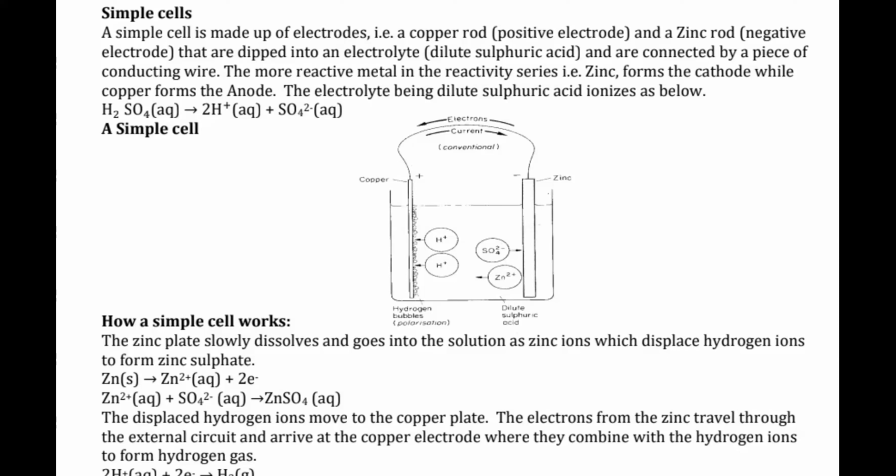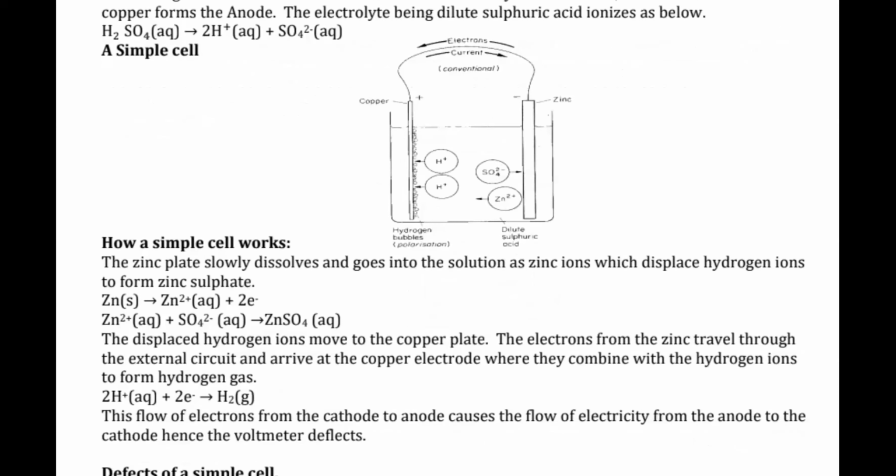So how does a simple cell work? The zinc plate slowly dissolves and goes into the solution as zinc ions, which displace hydrogen ions to form zinc sulfate. In that reaction, zinc dissolves, forming zinc ions, and the reaction is written as an equation.